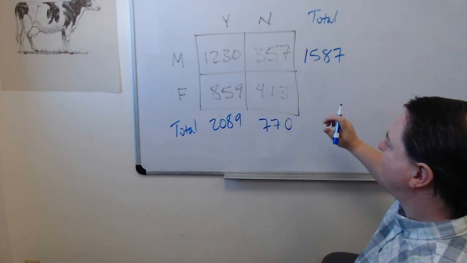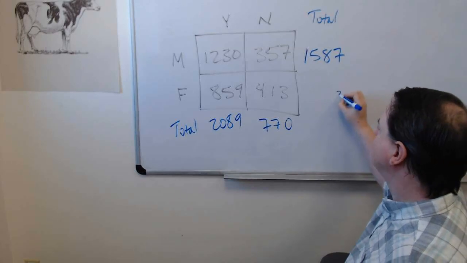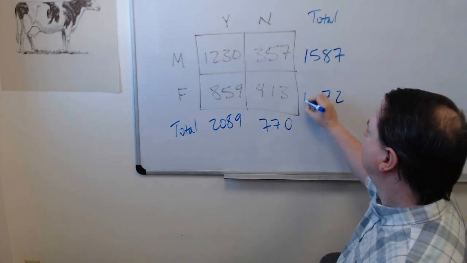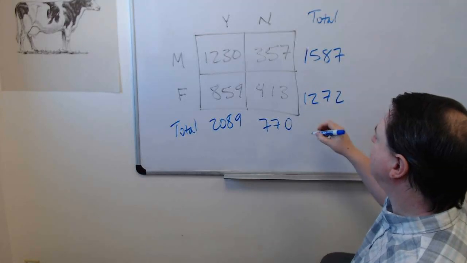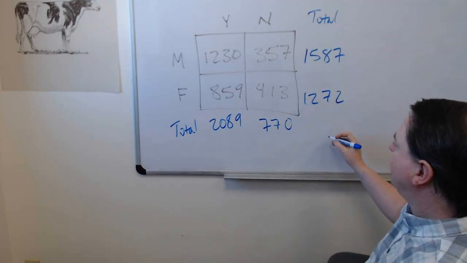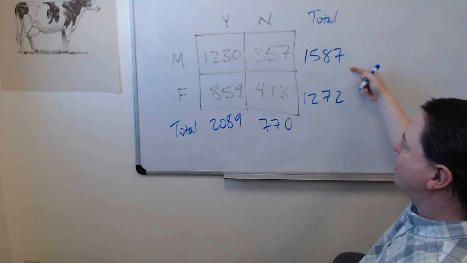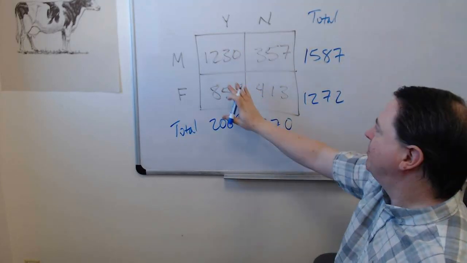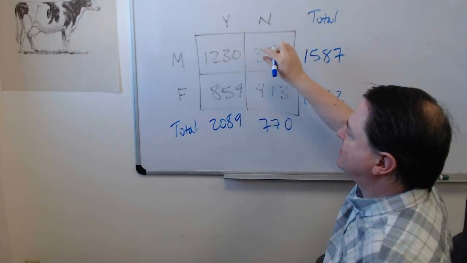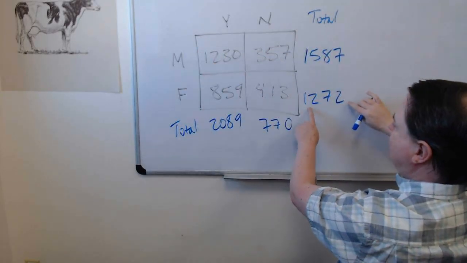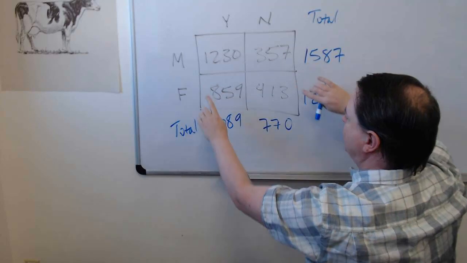And then finally, this 859 plus 413, let's see, 1,272 said they were female. Now these two numbers actually represent the whole table. This is both of these two cells, and this number is both of these two put together.